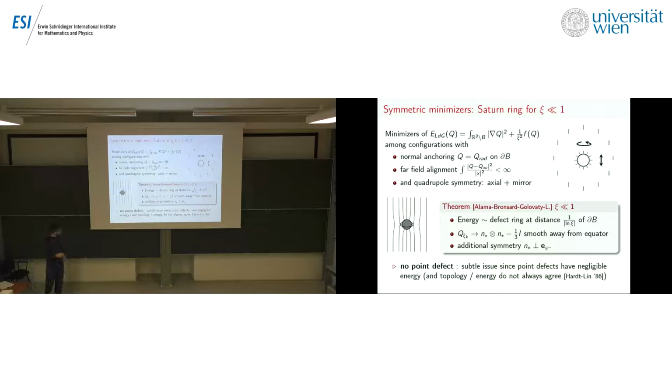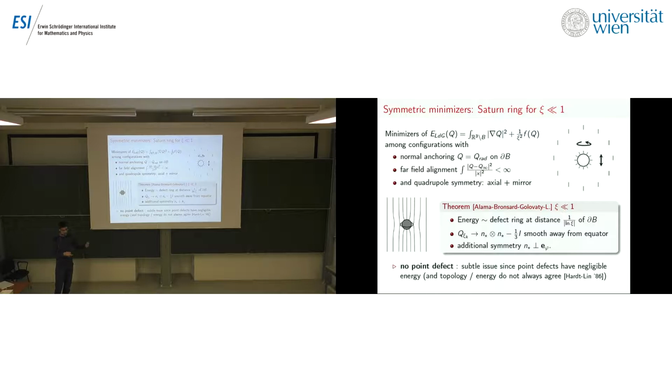But it's actually more than that. The idea that it's always better to have the least number of defects dictated by topology, we know it is false. There is an example by Hardt and Lin from the 80s, in a finite domain inside a ball, where you have a boundary condition that has no topology, so you could find an extension that would have no defect, but still, energetically, it is favorable to actually create defects.